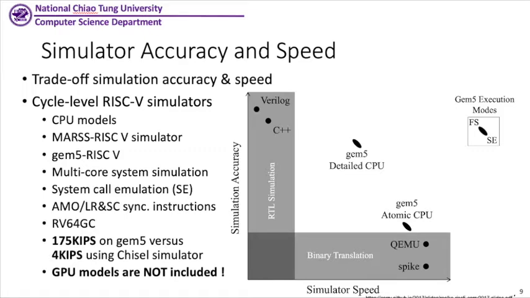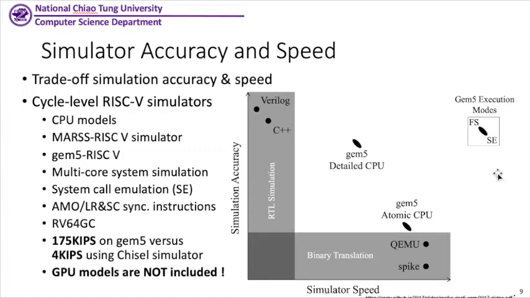On the other hand, Spike and QEMU have fast simulation speed, but their simulation accuracy is very low. The cycle-level simulator is another option to trade off simulation accuracy and speed, and this option can accelerate the design of the microarchitecture.